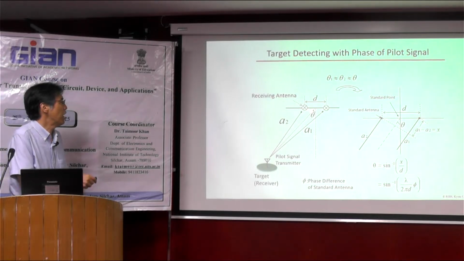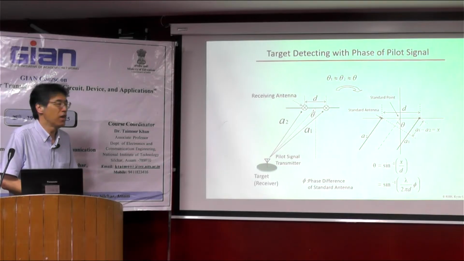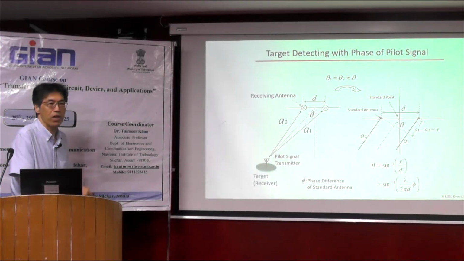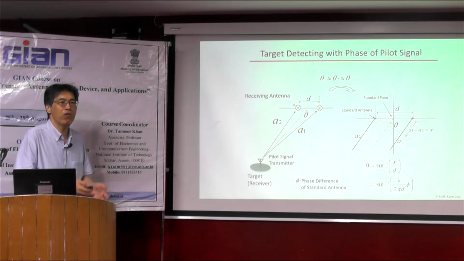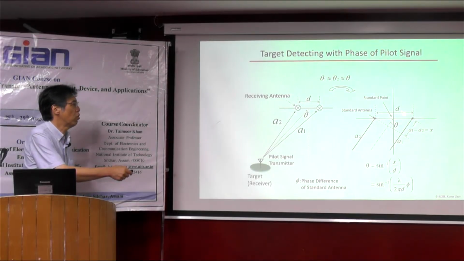It's very simple. At least we use two receiving antennas for the pilot signal. When the pilot signal is transmitted from somewhere in this direction, these two antennas receive different phases. If we can assume a plane wave, in the far field, it's easy to calculate the direction of arrival from this rectangular shape.